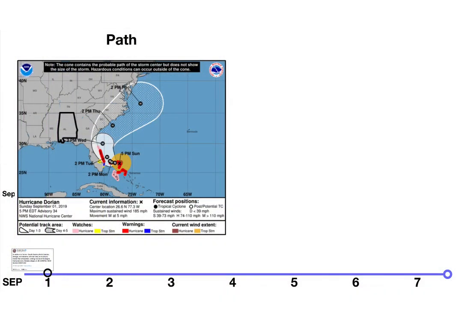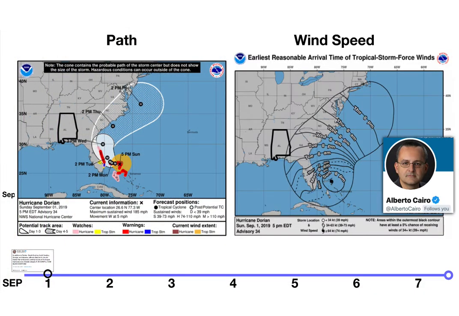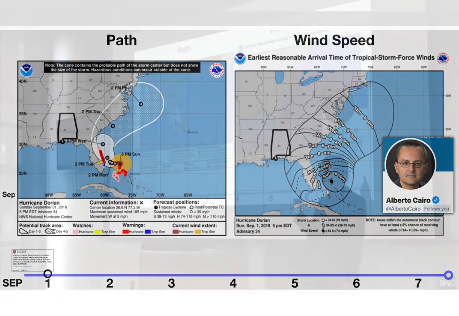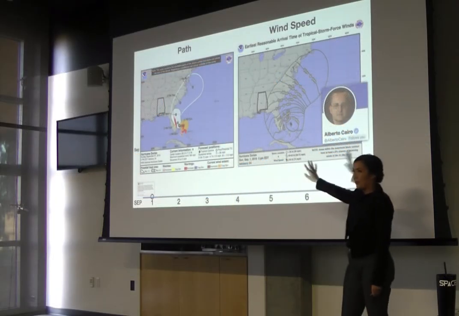But my close Twitter friend, Alberto Cairo, whom I highly recommend following on Twitter, a very progressive researcher, pointed out that also on September 1st, this is what the wind speed probability map looked like. This is not the track of the storm.